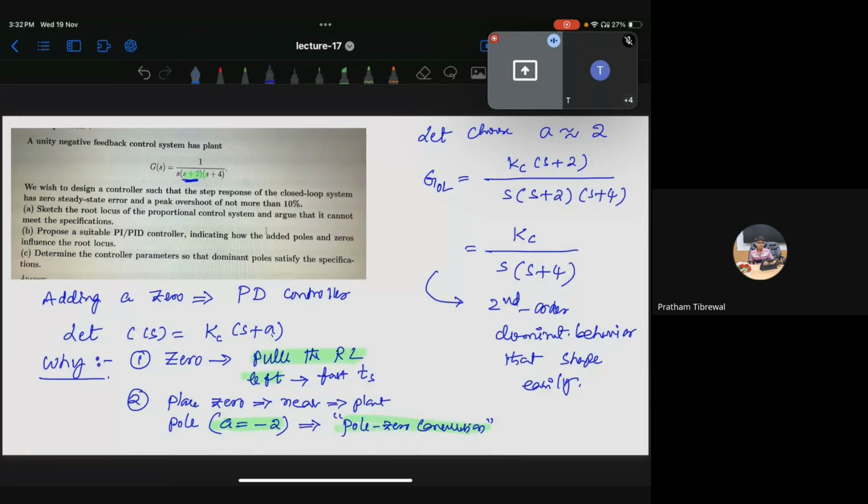Now, what is our main thing here? We got our settling time Ts as close to 5.6 seconds, and we wanted to reduce it. That's our aim.